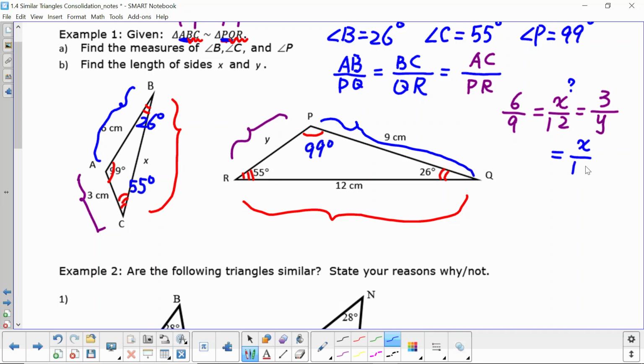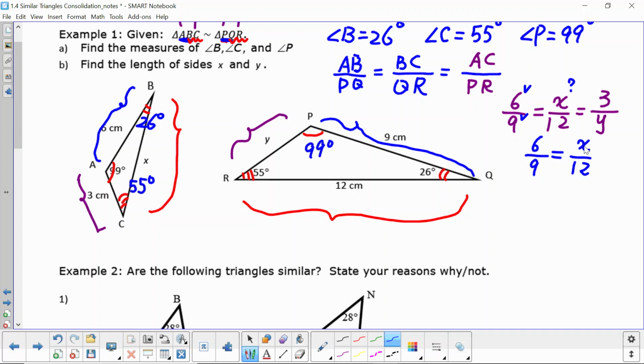But we don't want to use 3 over y, because if we use these 2 in one equation, we are going to have 2 unknowns, and we don't know how to solve 2 unknowns in one equation. In this ratio, both numerator and denominator are given, so we are going to use it. Then you will see in this equation we have only one variable.